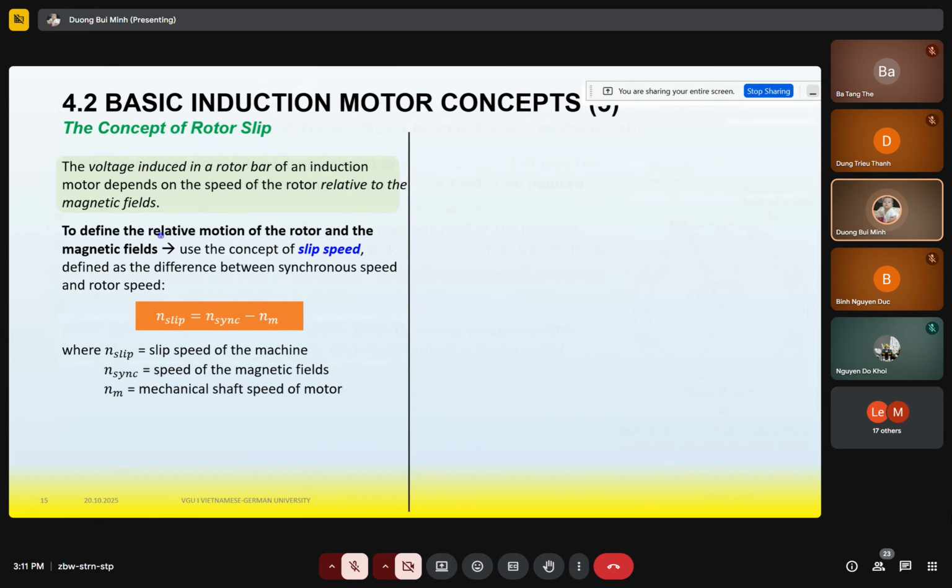So we have some concepts for induction motors.